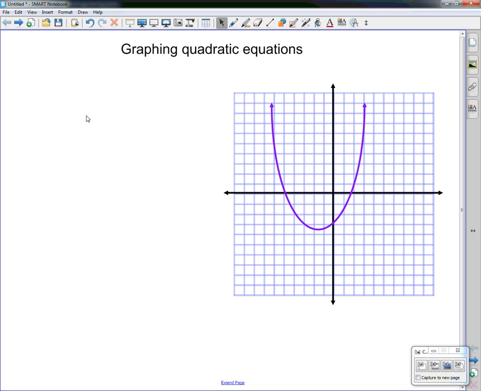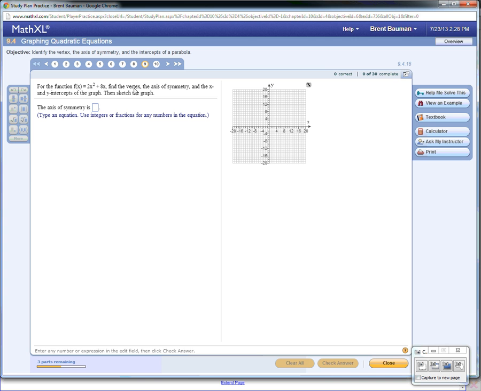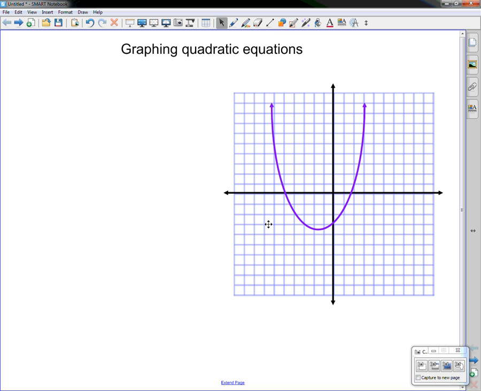So here's a quadratic equation that's already graphed. This is not the one that we're going to be graphing, but this will help us find the parts. Okay, so let's look at the first part that it asks us to find. The vertex of our parabola is going to be the point where your parabola starts to change directions.